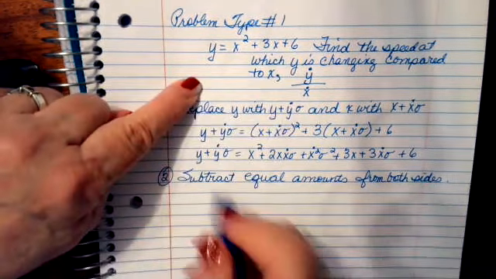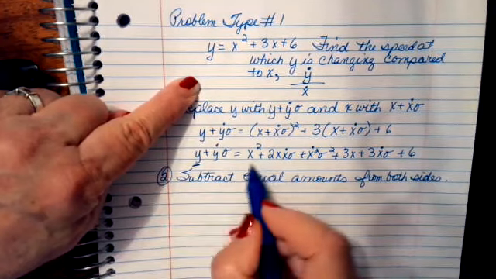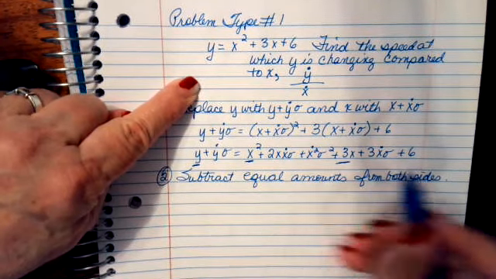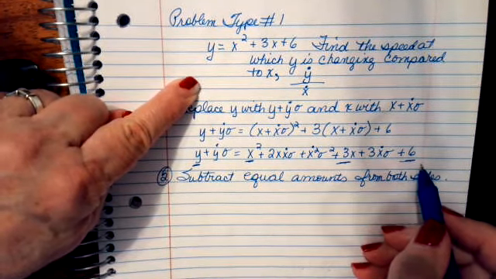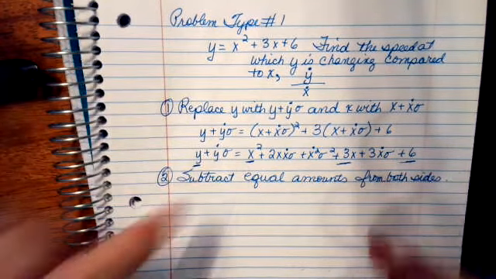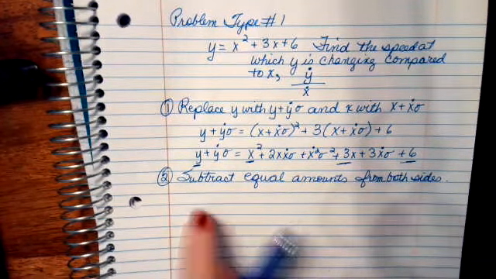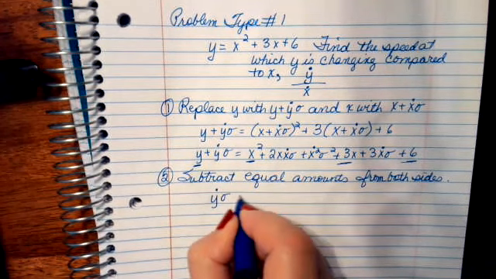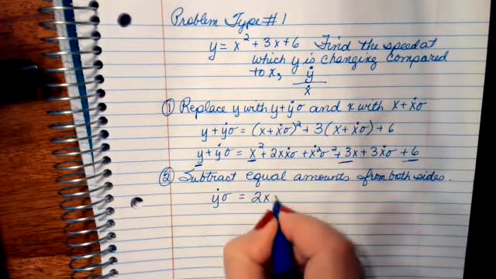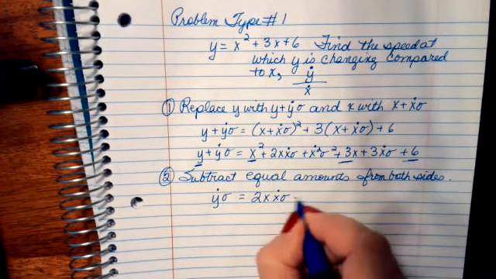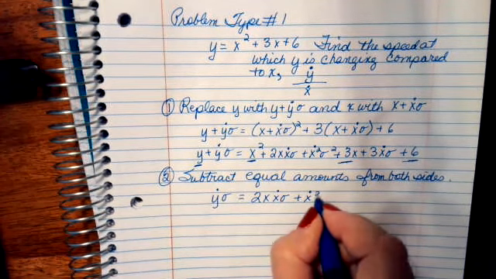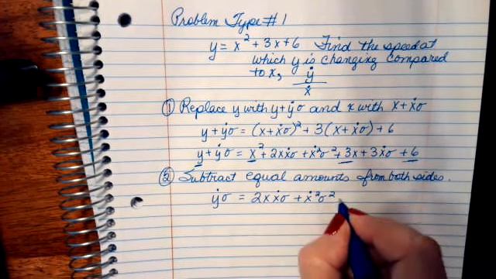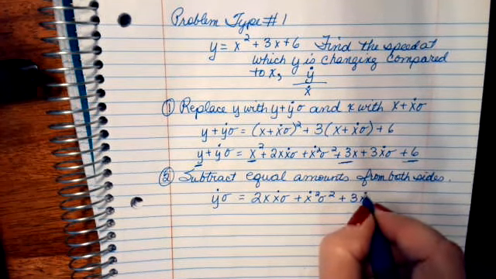And I've got y on the left-hand side, and I've got x squared plus 3x plus 6 on the right-hand side. So I'm going to subtract those equal amounts from the left side and the right side, and that will leave me with y dot sigma equals 2x x dot sigma plus x dot squared sigma squared plus 3x dot sigma.